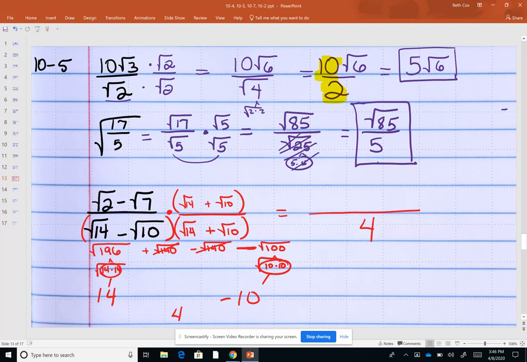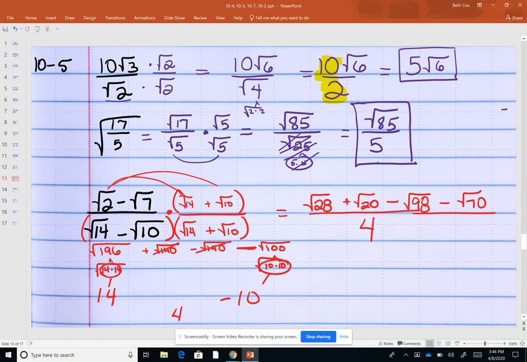Okay, so now let's do my numerator. FOIL it out. I'm going to get the square root of 28 plus the square root of 20 minus the square root of 98 minus the square root of 70. Okay.